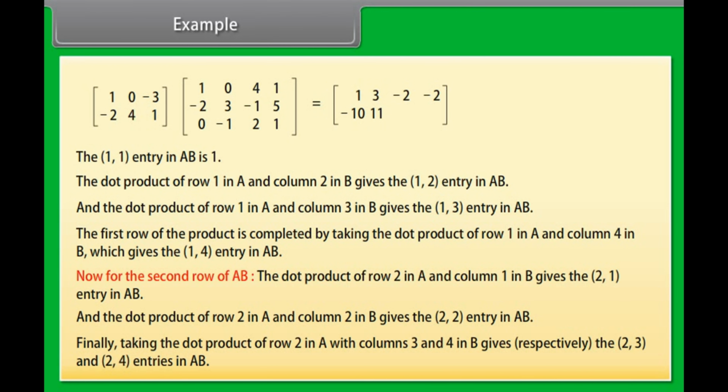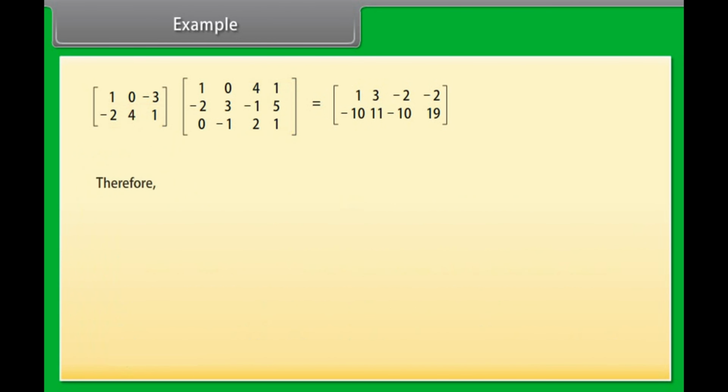Finally, taking the dot product of row 2 in A with columns 3 and 4 in B gives, respectively, the 2, 3 and 2, 4 entries in AB. Therefore, AB can be written as the matrix, row-wise: first row 1, 3, -2, -2; second row -10, 11, -10, 19.